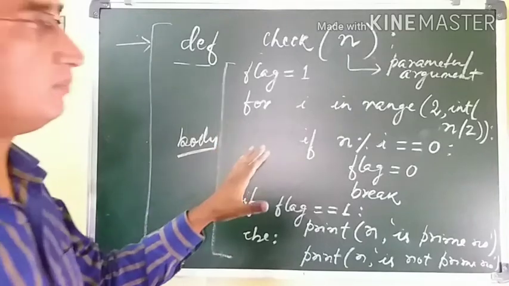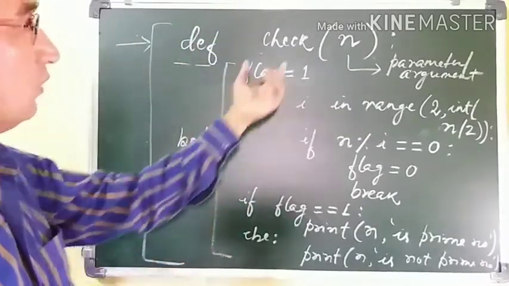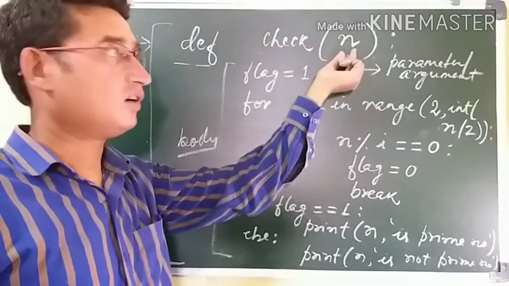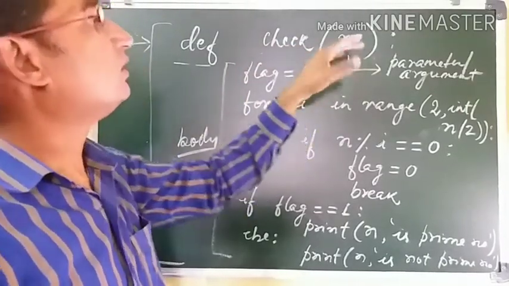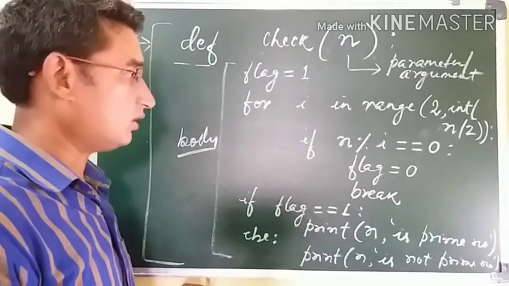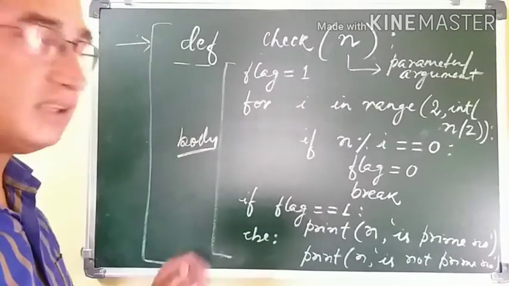This is the same program, but you have defined it inside a function. It means this is a function whose name is check, and this function requires a value to check whether a number is a prime number or not. You have defined this function here.